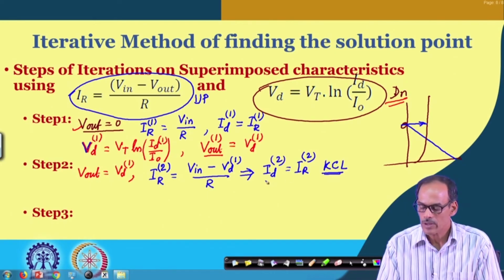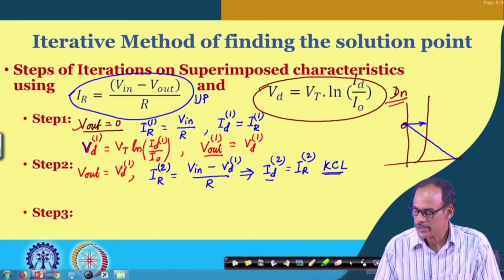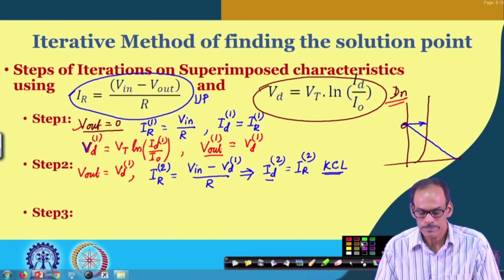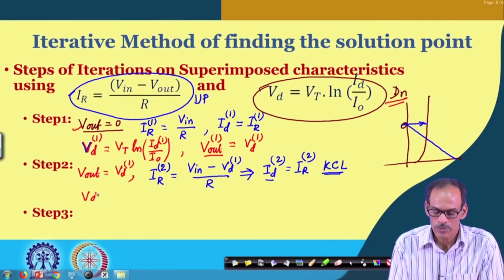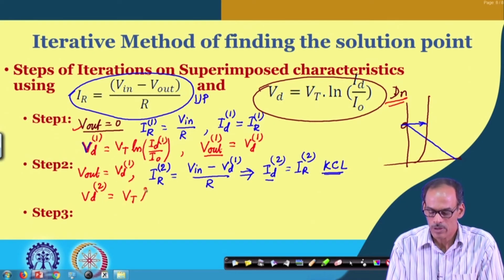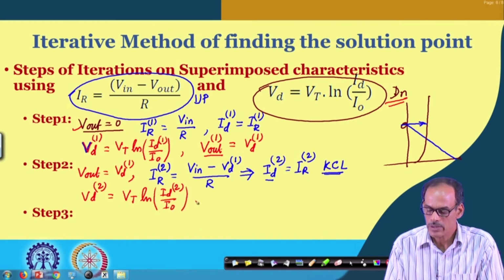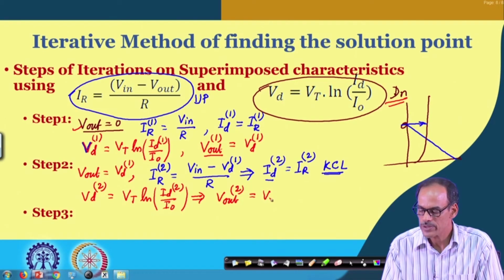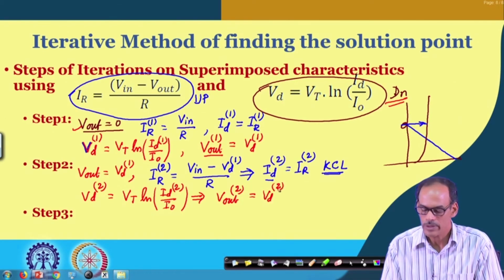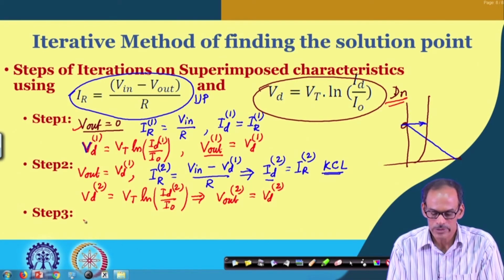And then once you obtain this I d 2, you can use the pull down characteristic to find V d 2 as equal to V t ln I d 2 divided by I naught, and then that gives us the updated V out. So, now V out is V d 2, right, and subsequently you can go to the third step.